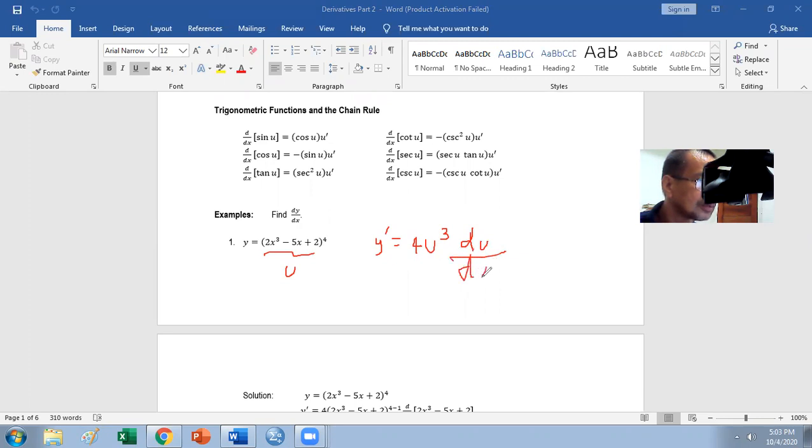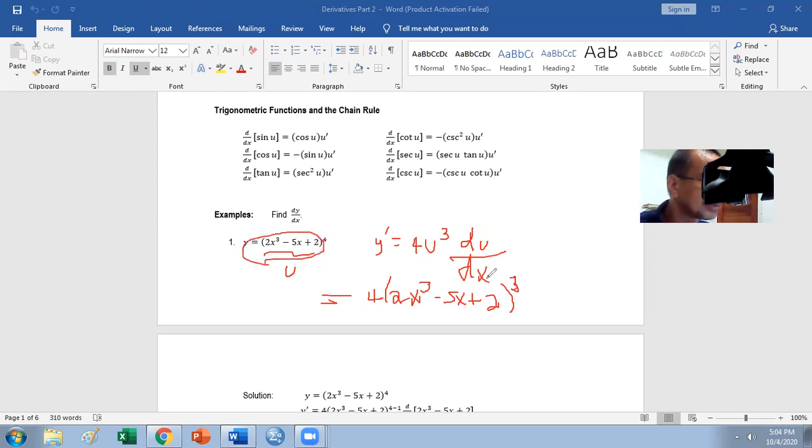Okay? So, this will just become 4. Ulitin mo lang yon, 4 times (2x cubed minus 5x plus 2) and then cube, this is cube, times the derivative nito.